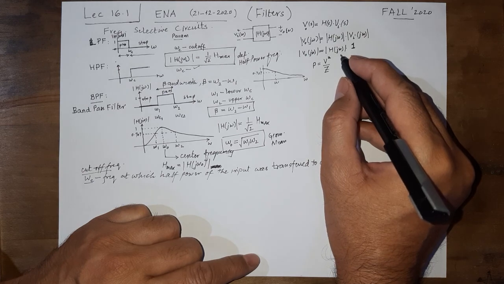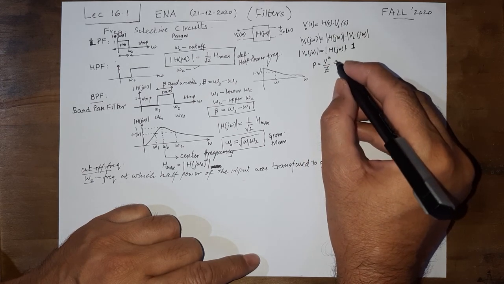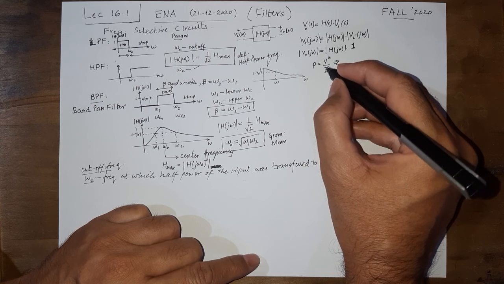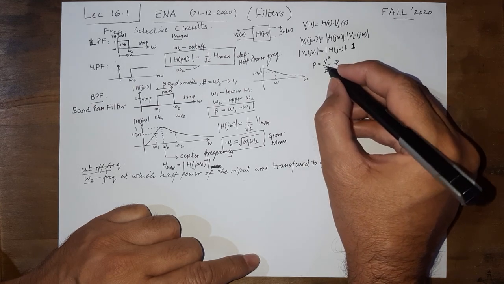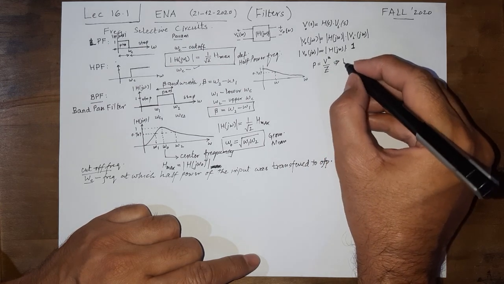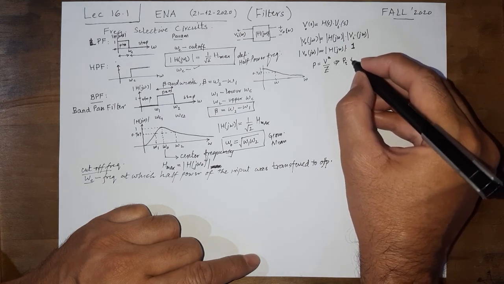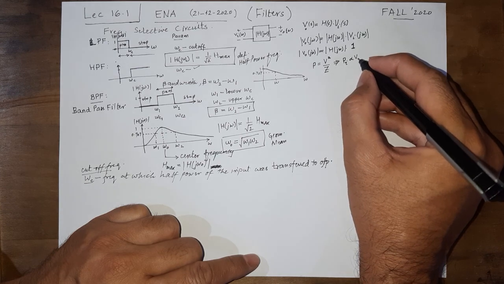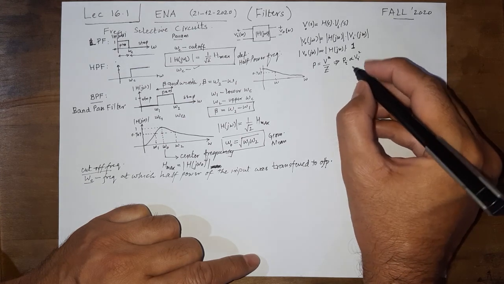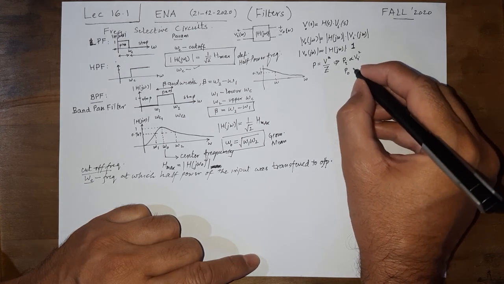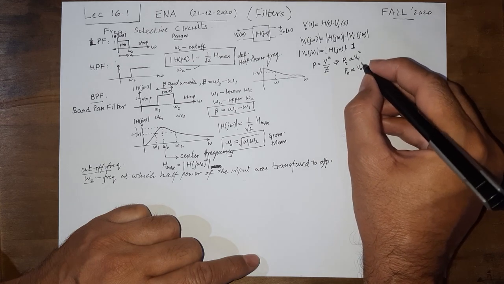The power of the input is proportional to the input voltage squared, and the power of the output would be proportional to the output voltage squared.